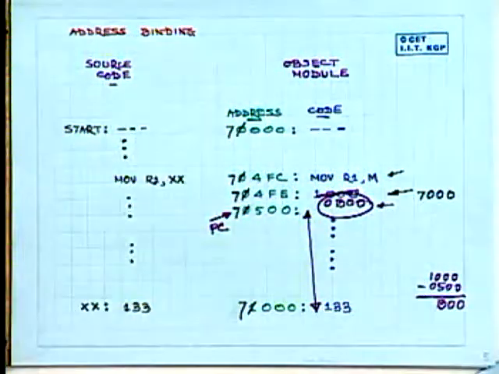The advantage of PC relative addressing is that even if we shift the entire program anywhere in memory, the addressing mechanism allows us to avoid having to relocate that particular word in the program.